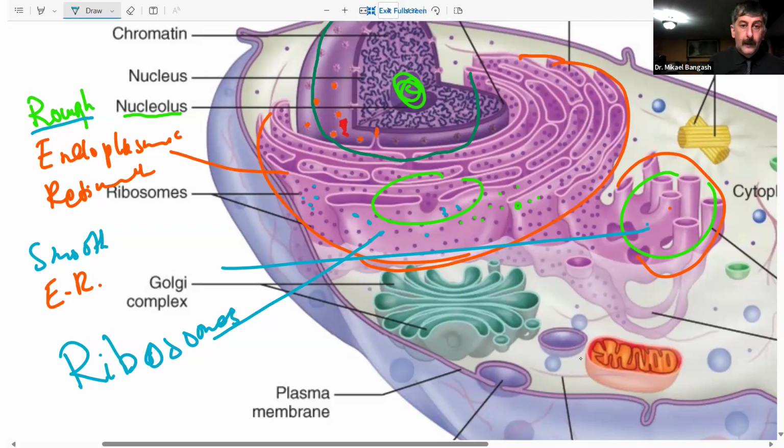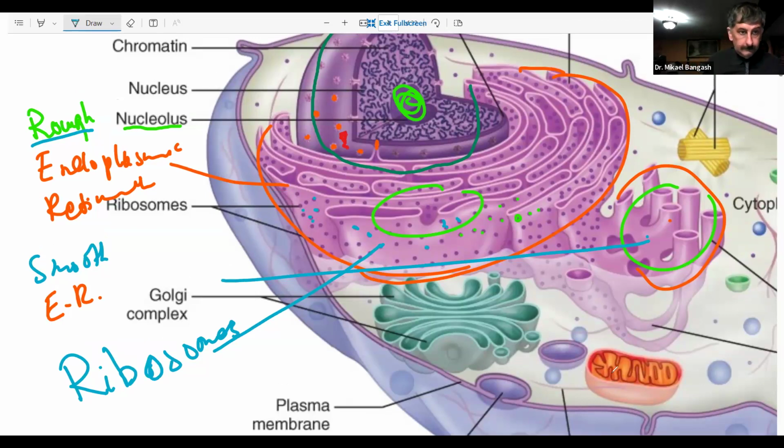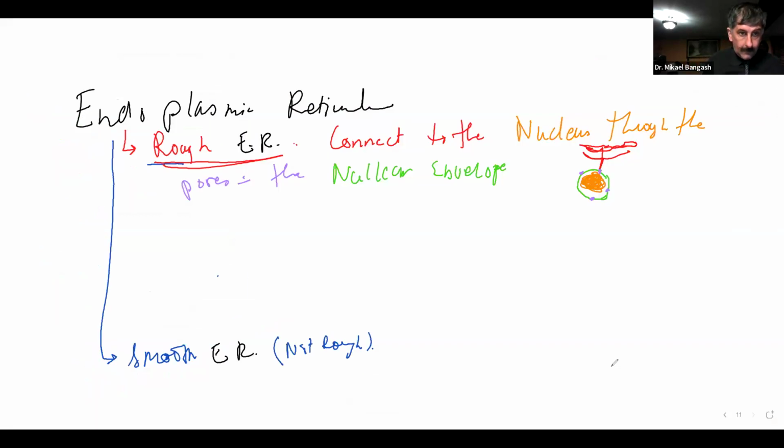Now let's just break up the word ribosome. What pretty much makes the rough endoplasmic reticulum rough is usually what we call ribosome.